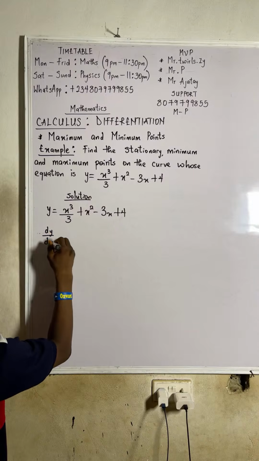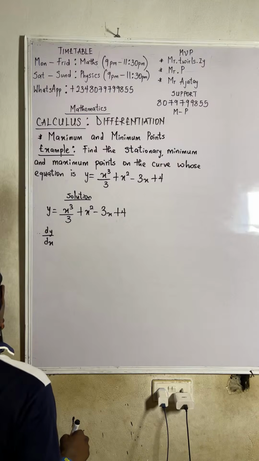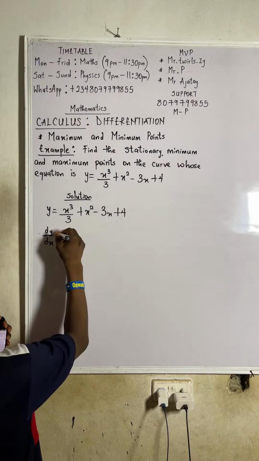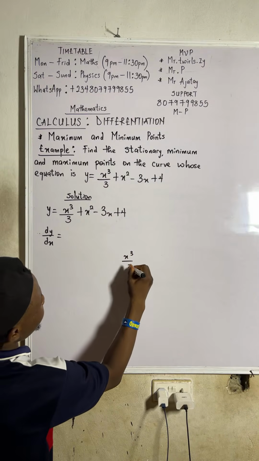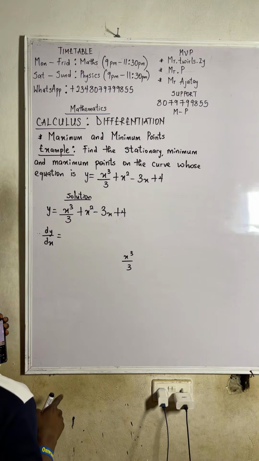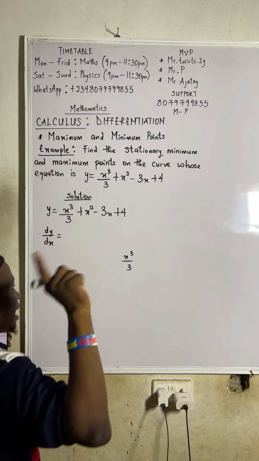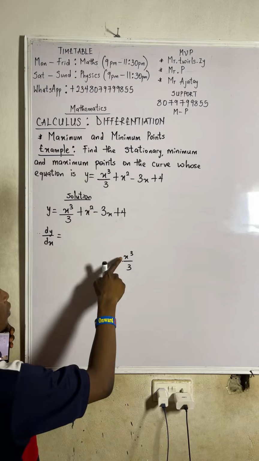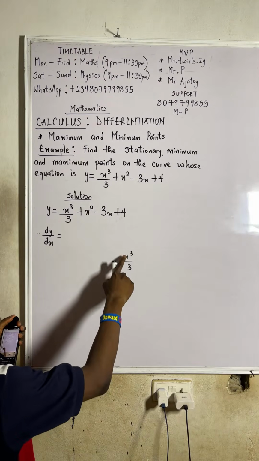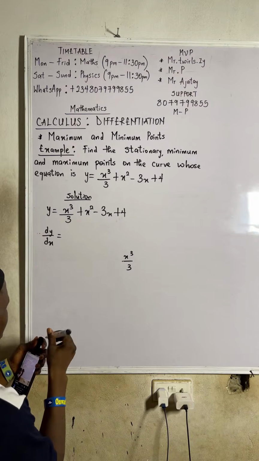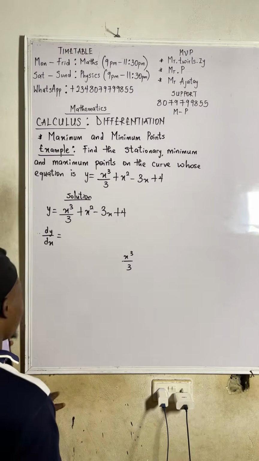I'm differentiating y with respect to x, and we want to find the first derivative. If you are told to differentiate x cubed over 3, what will be the answer? For those that attended differentiation yesterday, if you get it, I will dash you one marker.